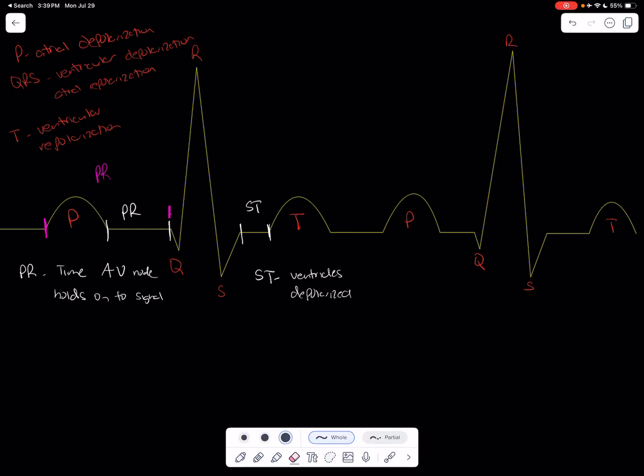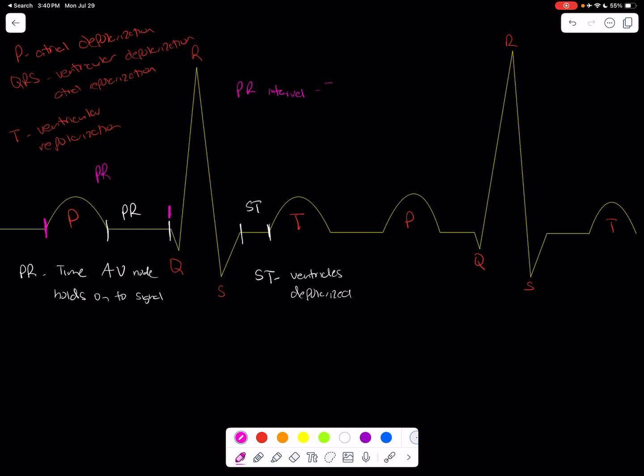So the PR interval, okay, this is how long it takes everything to get through.